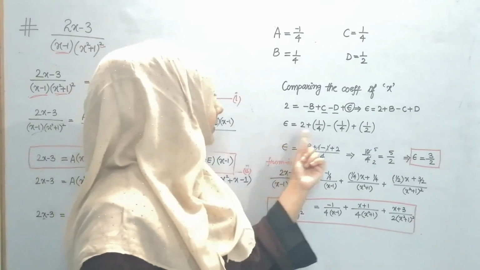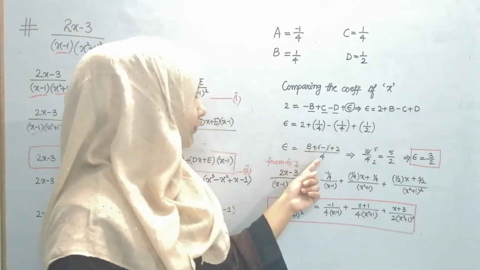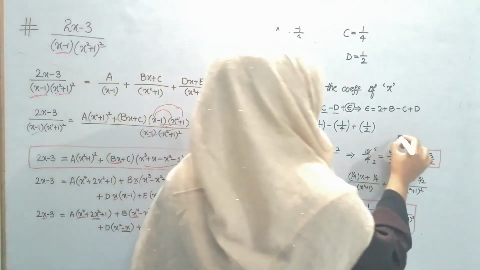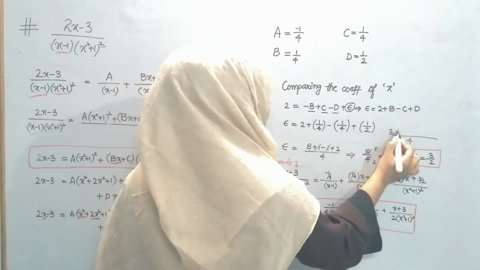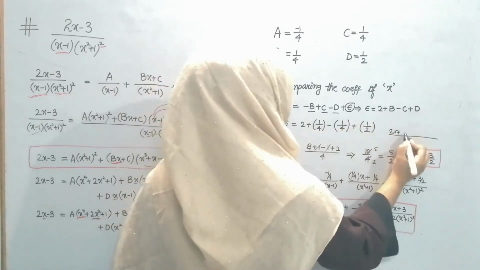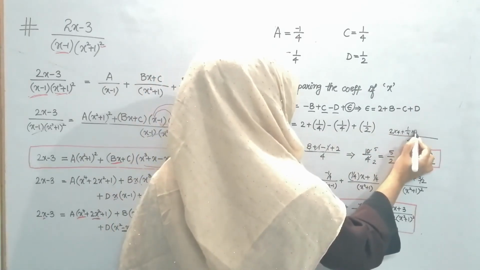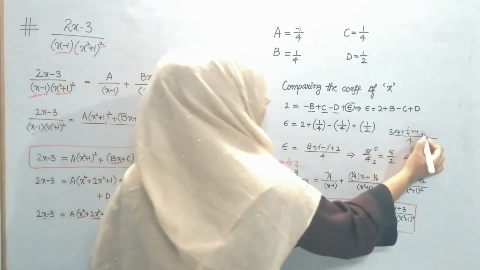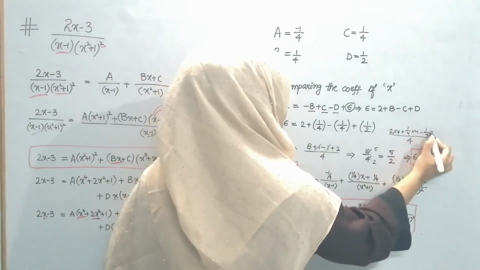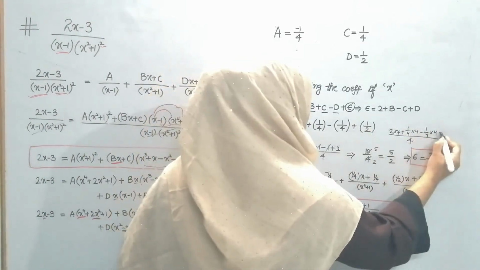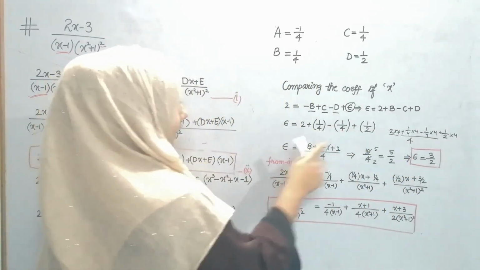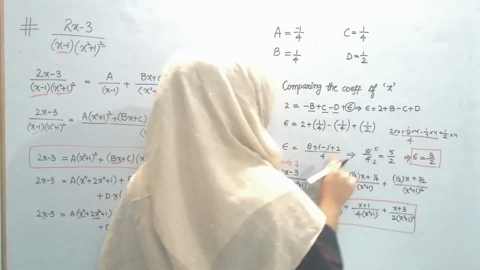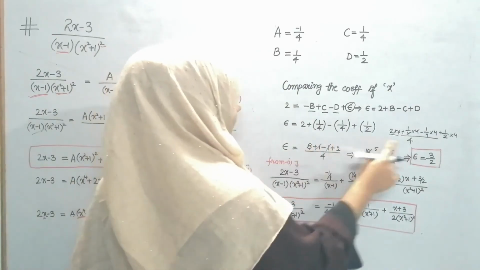Taking the LCM, which is obviously 4. I think you know how to take out the LCM. So this will be 2 into 4, plus 1 by 4 into 4, minus 1 by 4 into 4, and plus 1 by 2 into 4. So 2 4s is 8. This 4 cancels out, I'm left with plus 1.